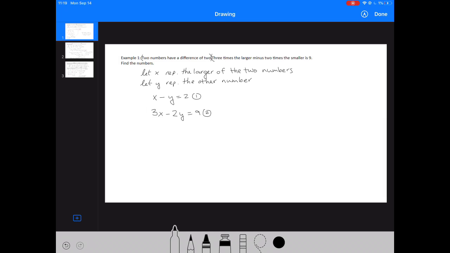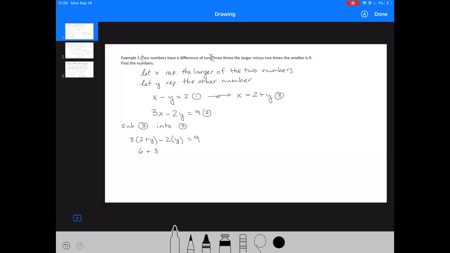Now I've got my two equations. How am I going to solve this? Probably what I would do is use substitution. So I'm going to rearrange x here to get a third relationship. And then I'm going to substitute my third relationship equation into my second. So 3 times 2 plus y minus 2 times y equals 9.